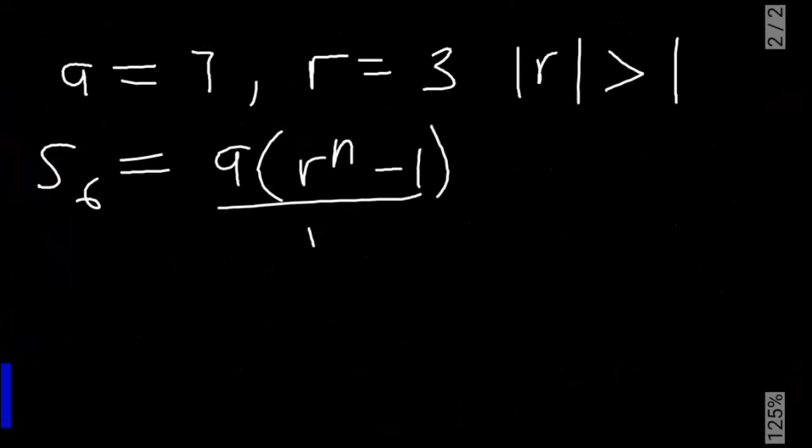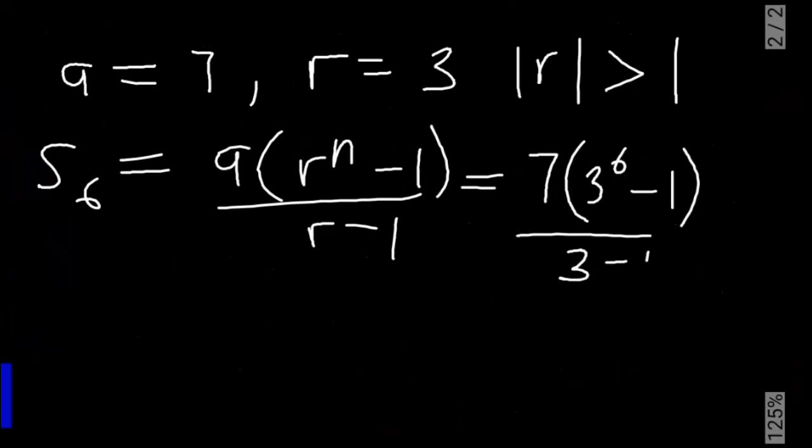So the first term is 7, r is 3, 3 raised to the power of 6 minus 1 over 3 minus 1. Here we have 3 raised to the power of 6 is 729. 729 minus 1 is 728, over 3 minus 1 is 2.